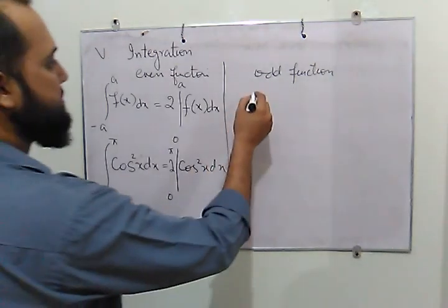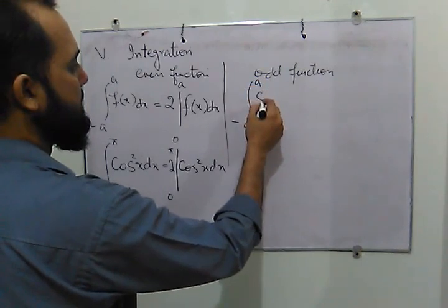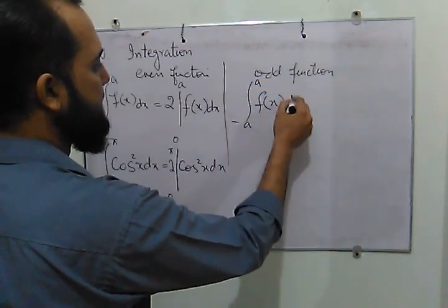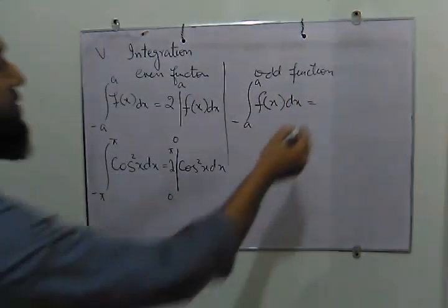Similarly, if we do the same thing for an odd function, for example f of x, a general function dx, then it would become 0.